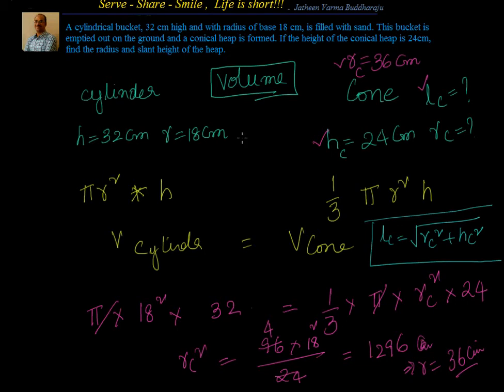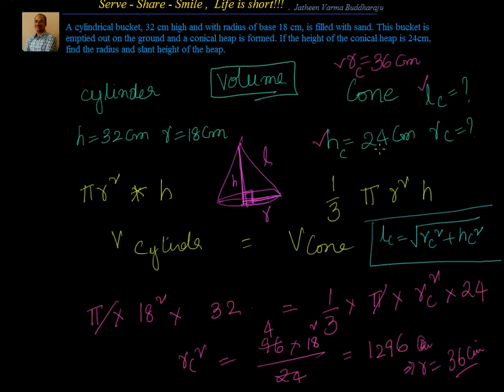The cone will be like that. And you have, this is height and this is radius, and this is slant height. You can see you have a right circular cone, so there is a 90 degrees angle. Hypotenuse is nothing but square root of sum of squares of the remaining two sides. So L equal to square root of RC square plus HC square.